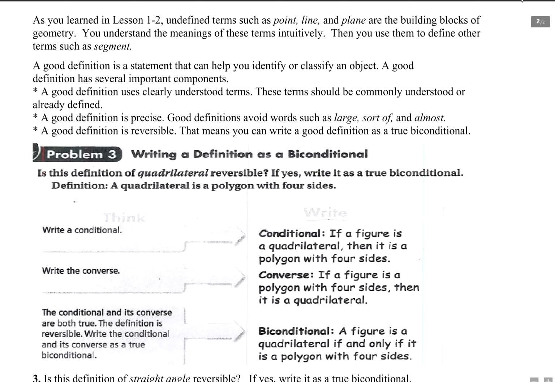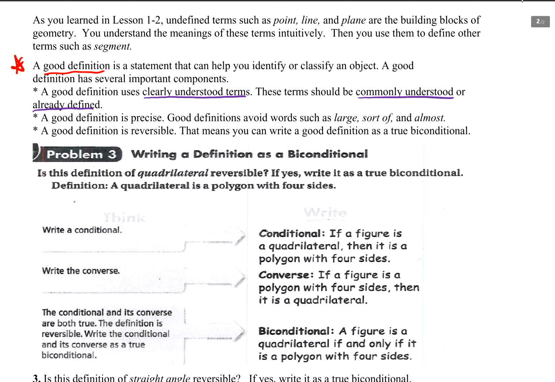Now we are going to talk about definitions. A good definition has some important components. Number 1, it uses clearly understood terms. These are things that are commonly understood or already defined, with no words that need extra definitions.